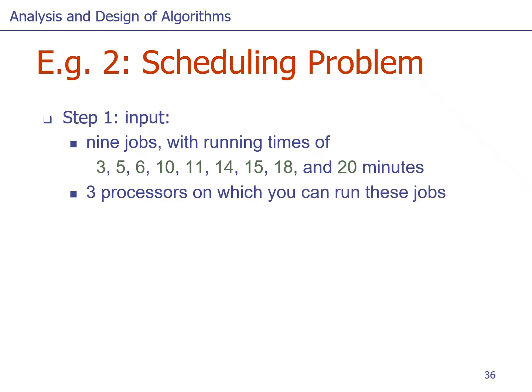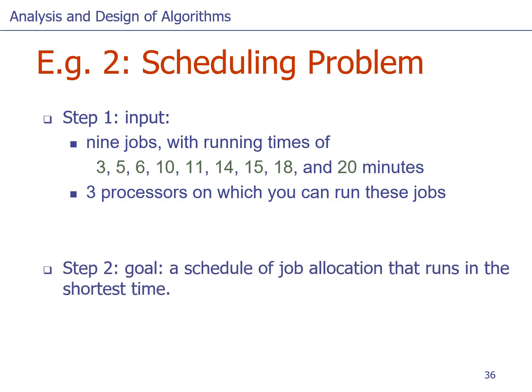Now, in this specific incarnation of the problem, we're thinking of it as an operating system problem. So let's say I have 9 processes, and this is the time it's going to take to run each one of them. And I have 3 processors that I could use to execute those processes or jobs. Now, my goal is to schedule them in a way so that all the jobs finish in the shortest possible time, which kind of makes sense.